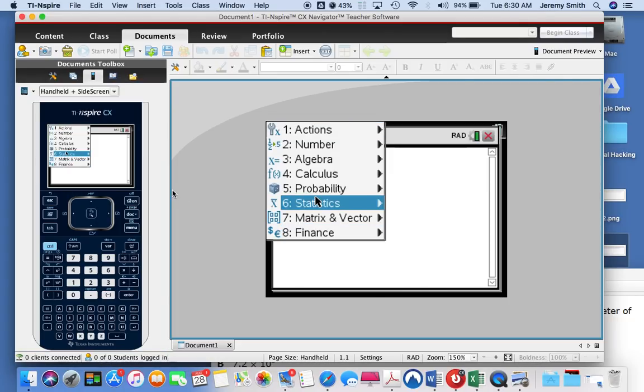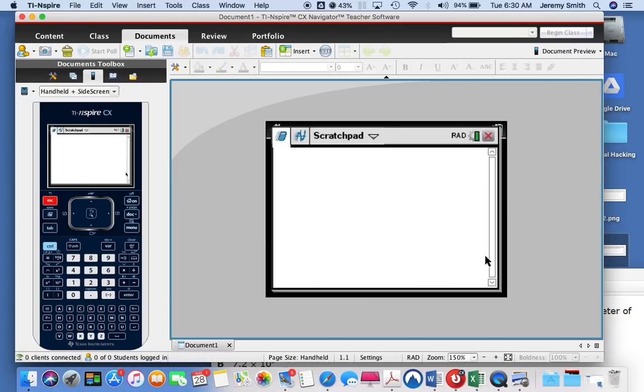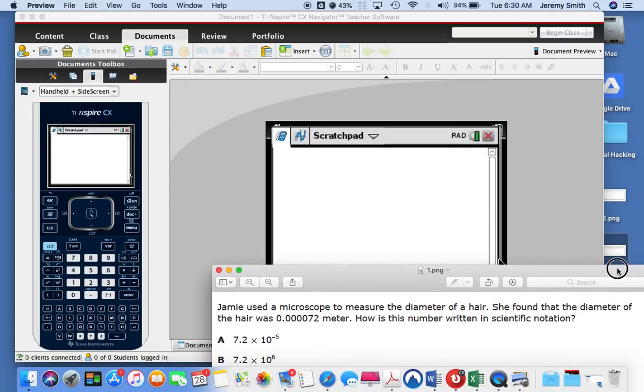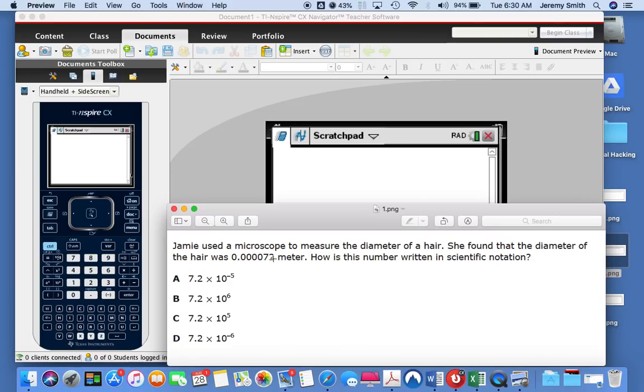Alright, now what I want to do is compare both of the numbers. I want to compare this standard notation with the scientific notation. So watch, I want to put this number right here into the calculator.